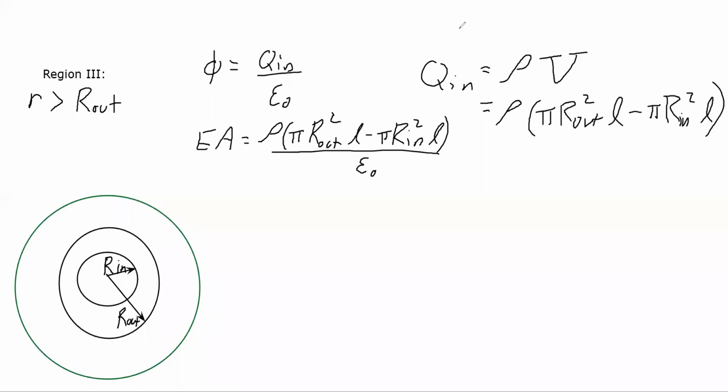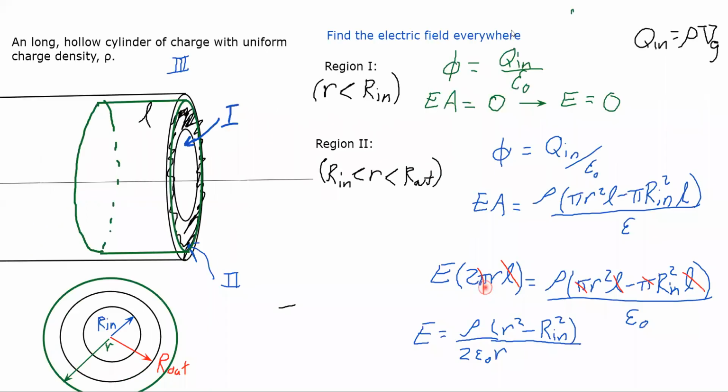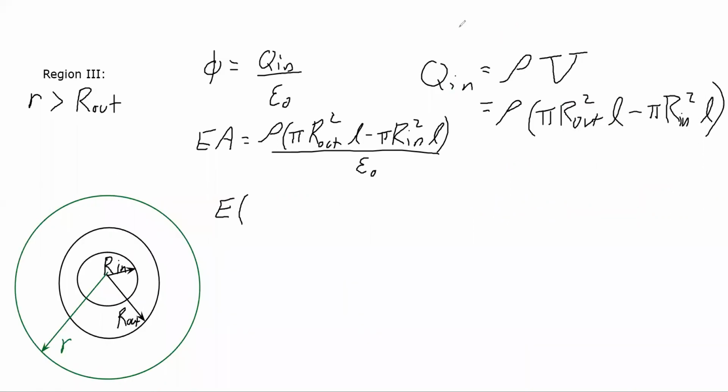We notate the radius of the Gaussian cylinder with a lowercase r. So I'm going to have E and A, the area of my Gaussian cylinder. It's the same area I had earlier, 2 pi rL. It's just that now we're dealing with a different r, a radius larger than R out, but it's still the area of the sides of that can. So 2 pi rL, and then I have this rho.